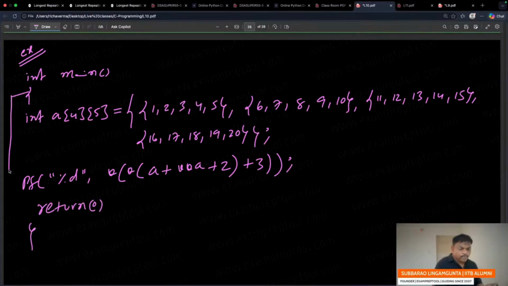Can you go ahead with this problem? Star, I think brackets are there: star a plus 2, star a plus 2, bracket close, plus 3, bracket close.